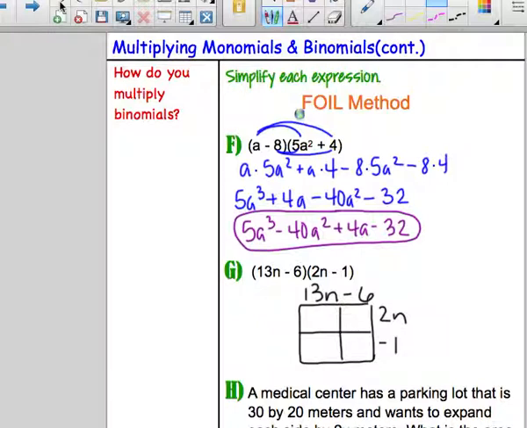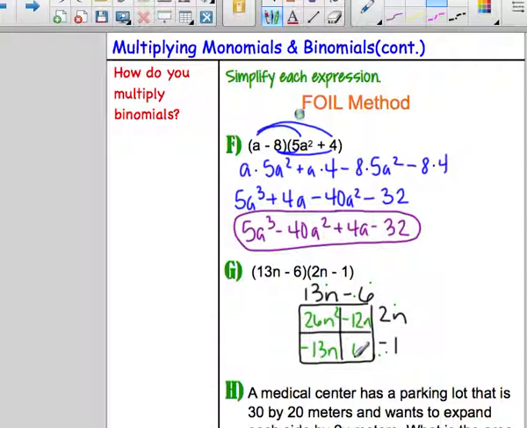And 13 times 2 is 26. N times n is n squared. Then I'll take my minus 6 times 2n, which is minus 12n. And then my 13n times my minus 1, which is minus 13n, and then minus 6 times minus 1, which is positive 6.